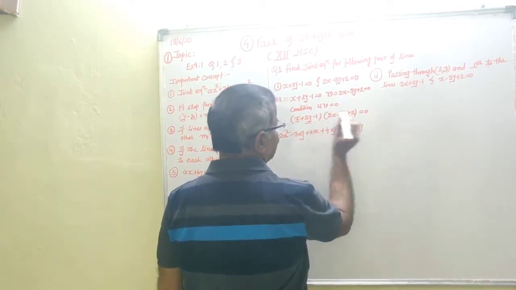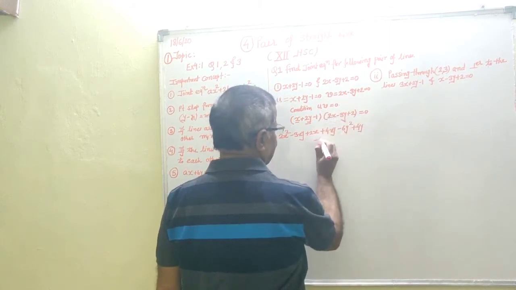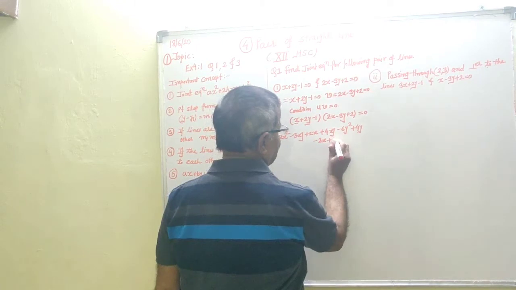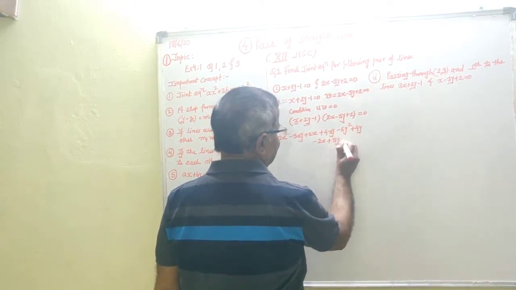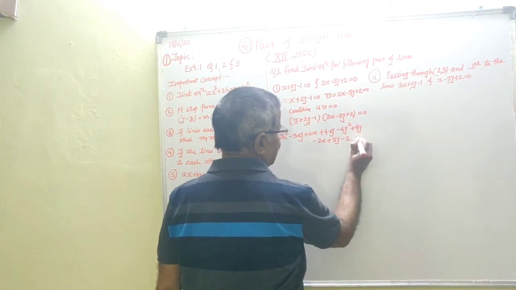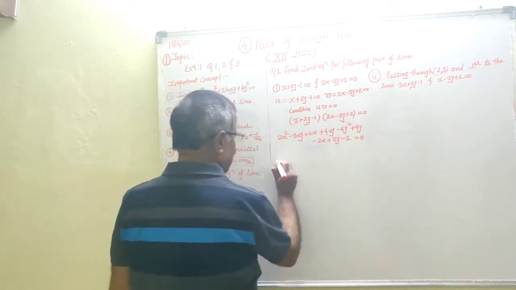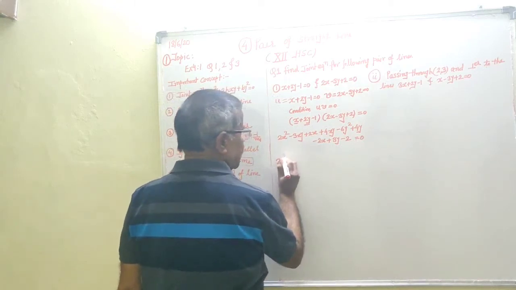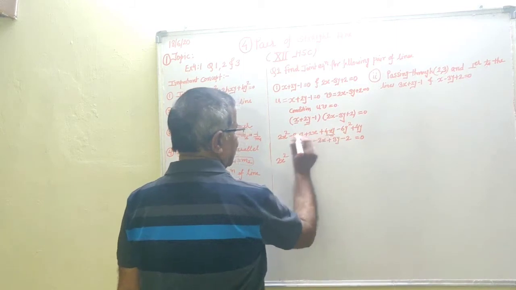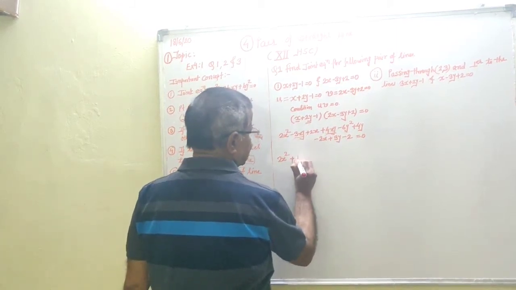Okay. Now I will multiply minus 1 with the whole bracket. So what will come here? Minus 2x plus 3y minus 2 is equal to 0. Now I am arranging the terms. We have 2x square. This is minus 3xy, this is 4xy, so 4 minus 3 is plus 1xy.